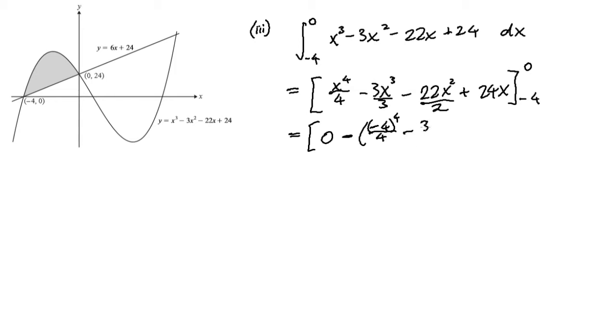Minus 3 over 3, that's 1. So I have a -4 to the cubed. Take 11 times -4 squared. Add 24 lots of -4. And that is a massive expression. So let's deploy our calculator.